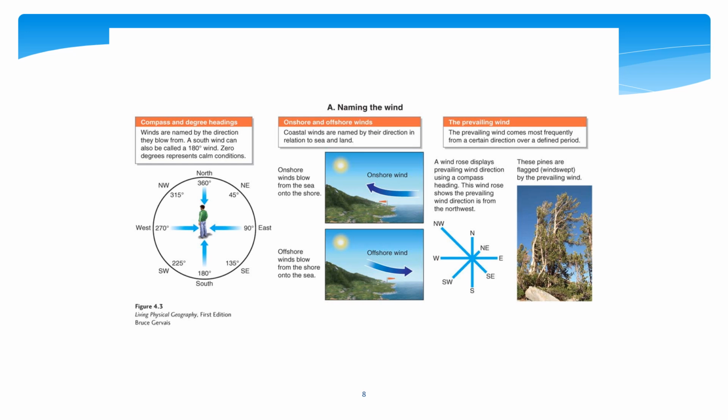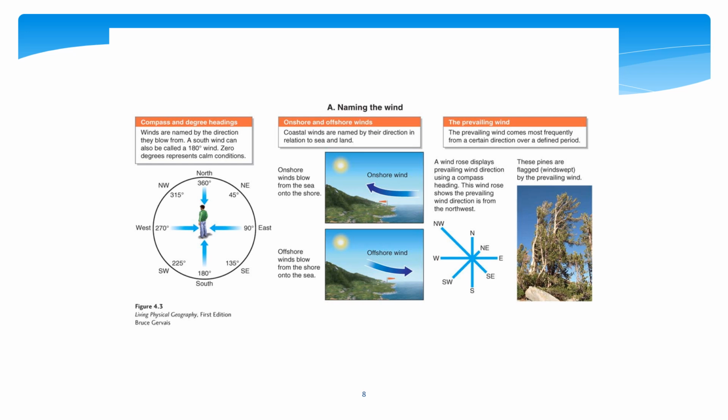Winds that blow from the sea towards the land are called onshore winds. This is the one exception where we're actually talking about where the wind is going to. But an onshore wind is blowing from the ocean or a large lake onto the shore. Offshore winds, the opposite. That is blowing from the land off the shore onto whatever body of water we're talking about. And then we have our prevailing winds.